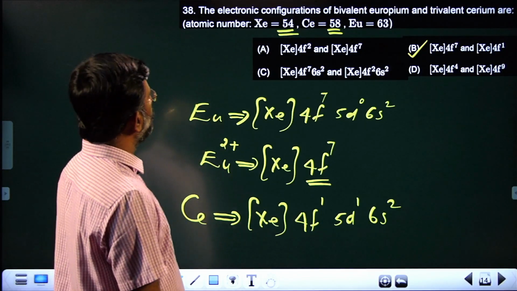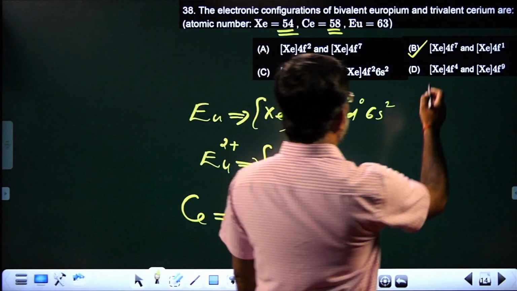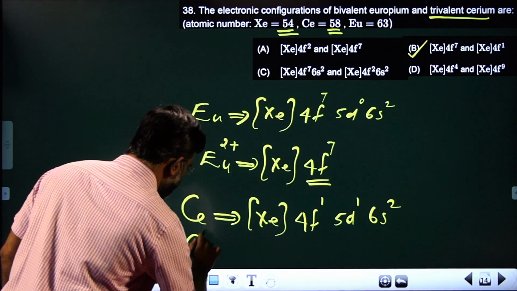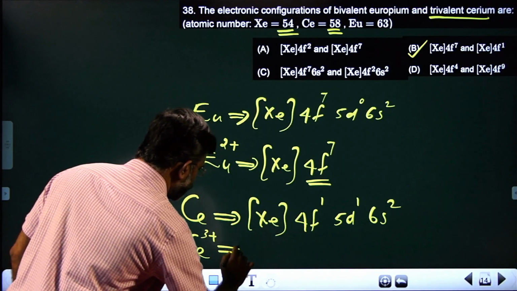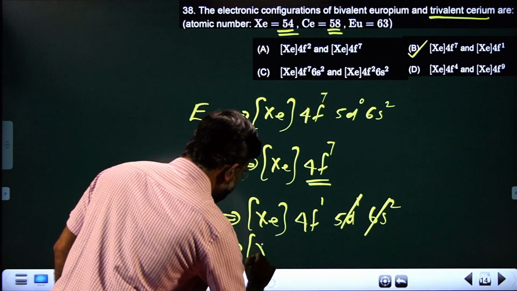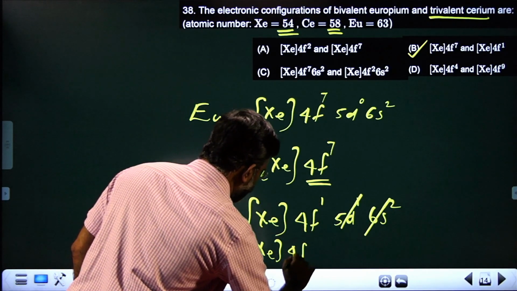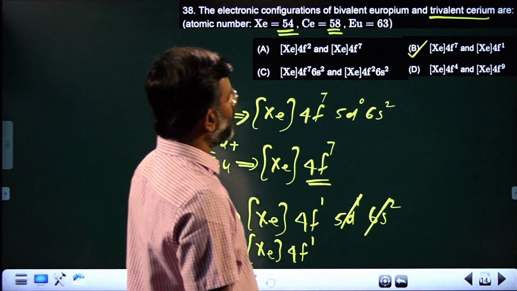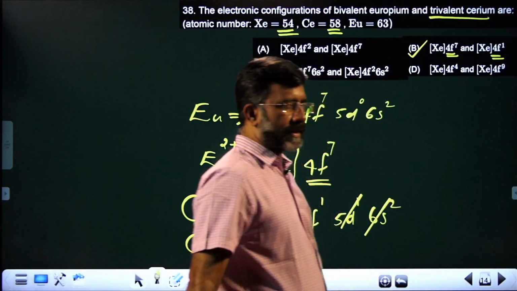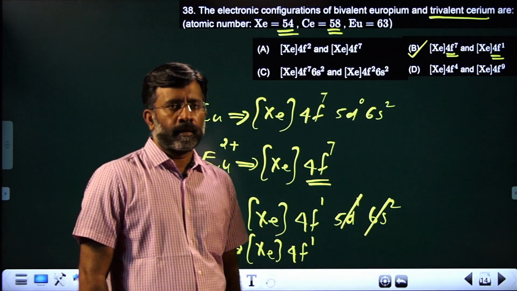Now we are talking about trivalent cerium, so it will be Ce3+. Now this electron gone and this electron gone. It will be the xenon configuration and 4f1. Yes, 4f7 and 4f1, that is the correct answer. Next.